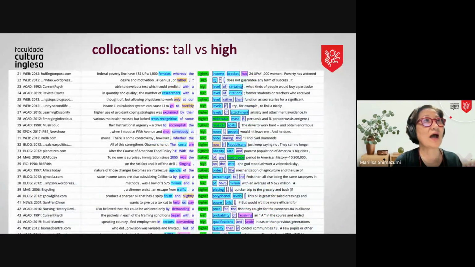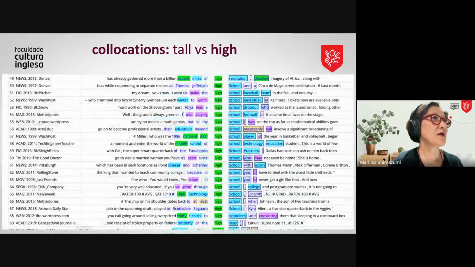When we use high, you can show to your students, or you can use it. And I made the point of showing how common "high school" is. It's the highest frequent use when people use high.